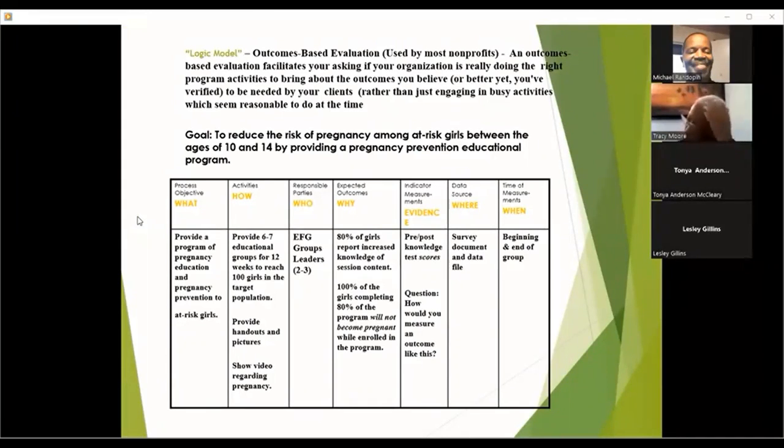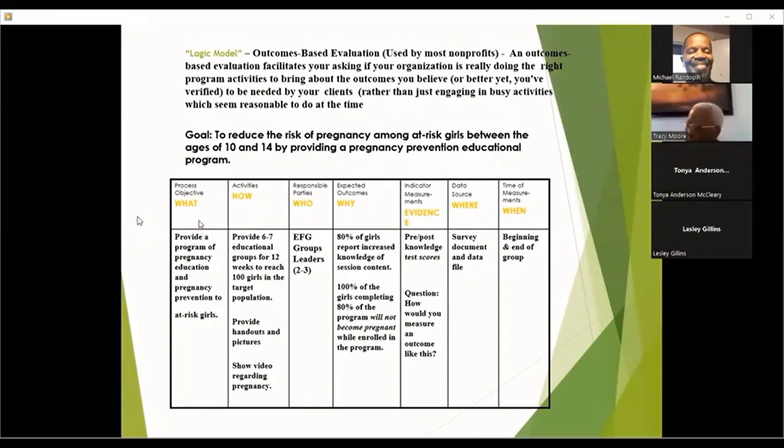The model that we use for an outcome-based evaluation is what's known as a logic model. The logic model starts with what your goal is, and from there it goes to breaking down how you plan to achieve it. A logic model is a graphic illustration of the program.